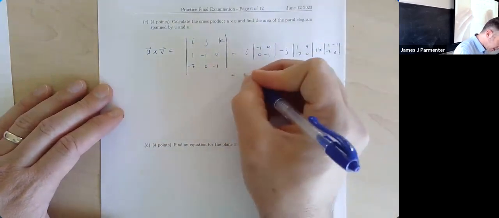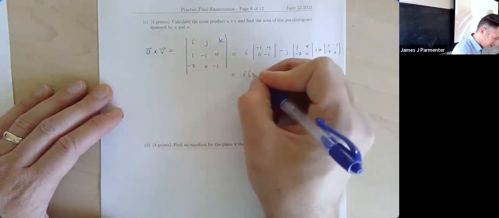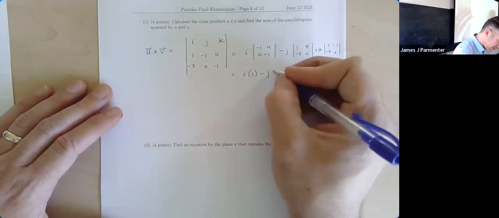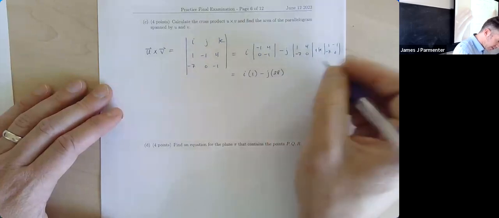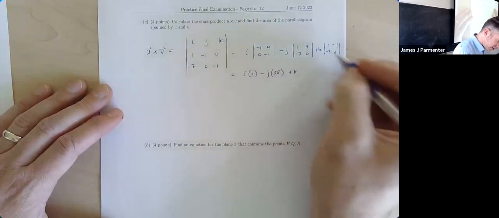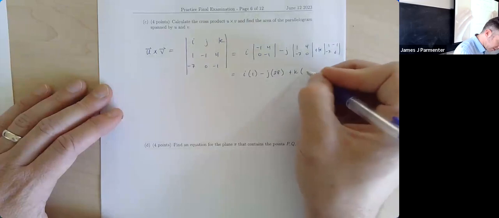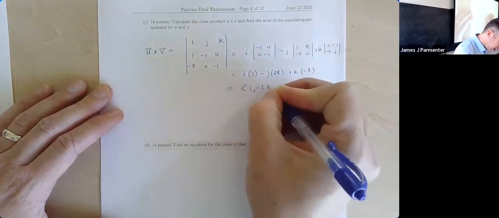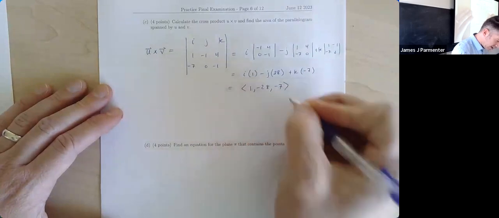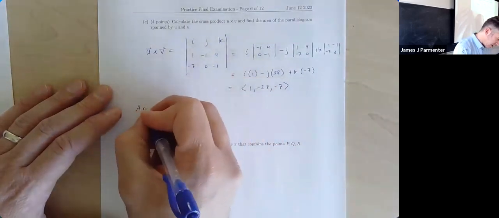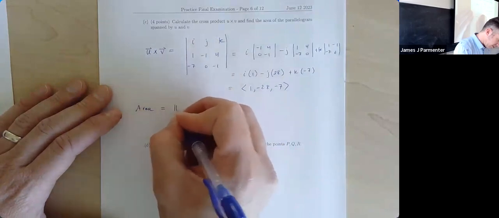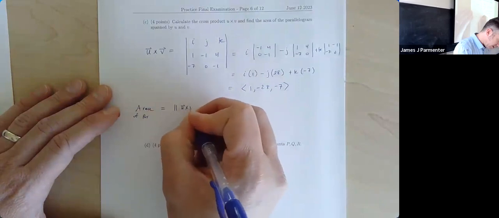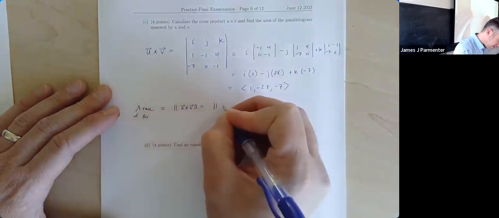So we end up getting i times 1, minus j times 0 minus -28, which is plus 28, and then plus k times 0 minus 7, which is -7. So my vector is 1, -28, -7. And then the area of the parallelogram is just the magnitude of the cross product, the magnitude of u cross v, which is the magnitude of this vector.